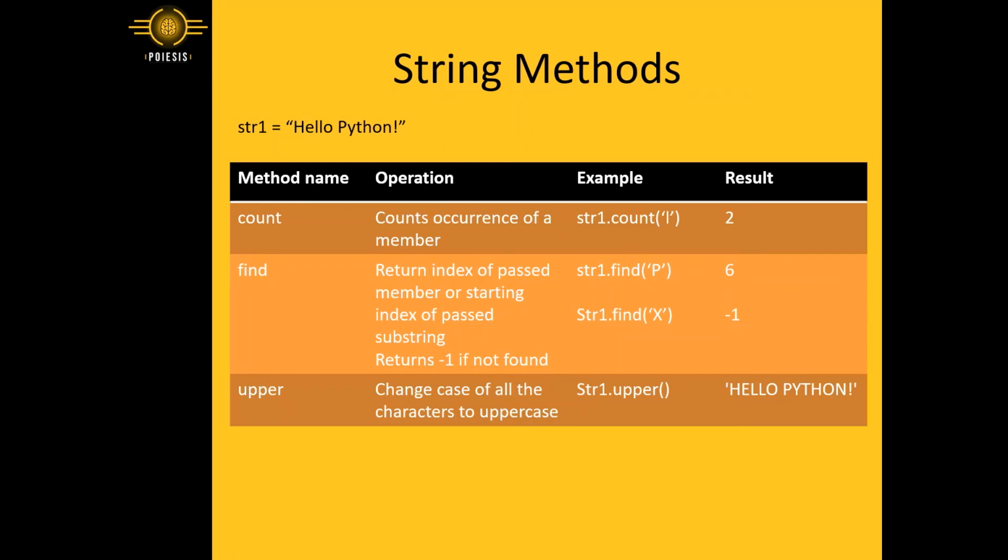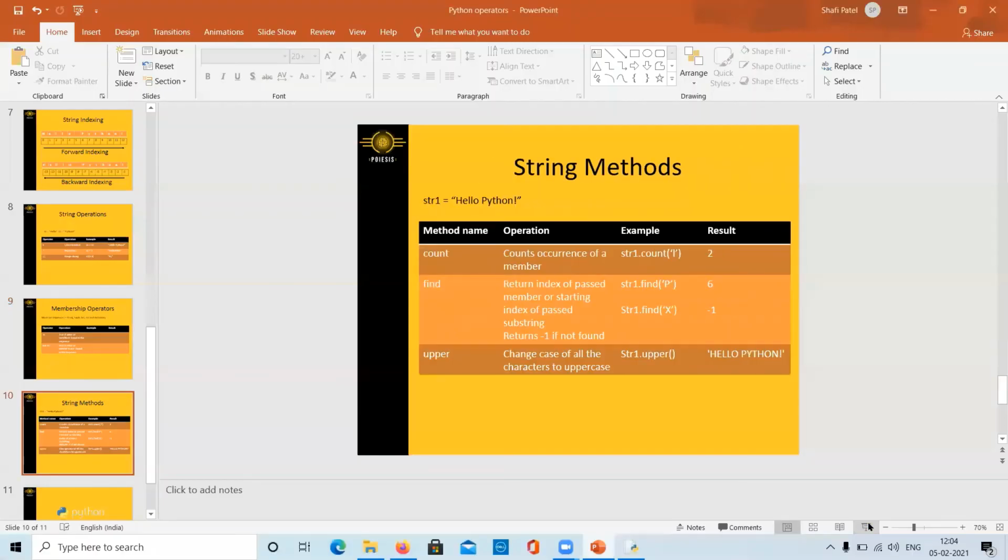The only difference is a method is a special function that runs only on objects. So when we call a function to perform an operation on an object, we call it a method. So Python has a set of built-in methods. I'll share examples of count, find, and upper with you.